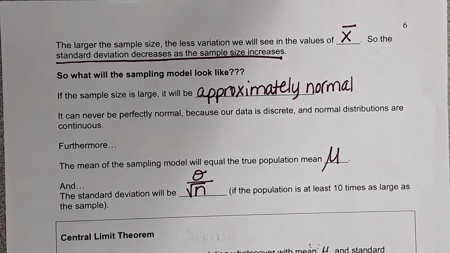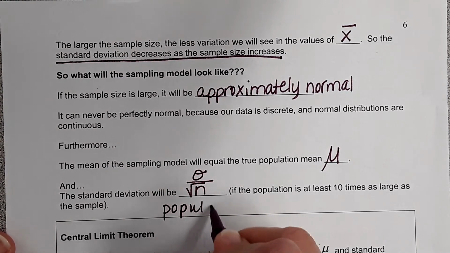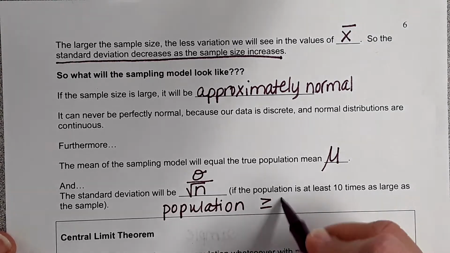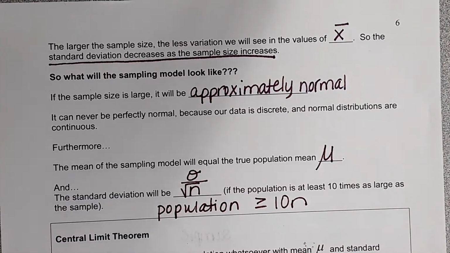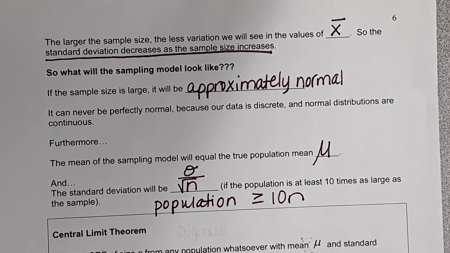If the population is greater than or equal to 10n, then we can use that standard deviation. They're the same for proportions.